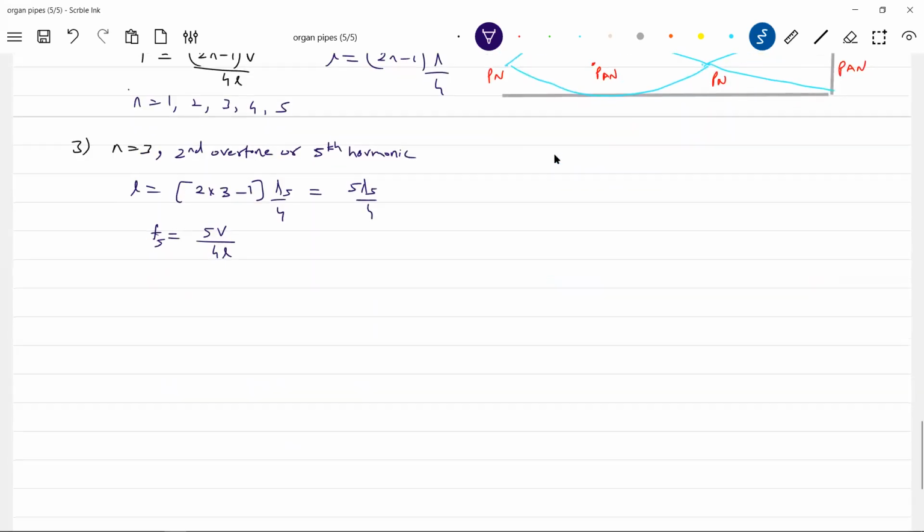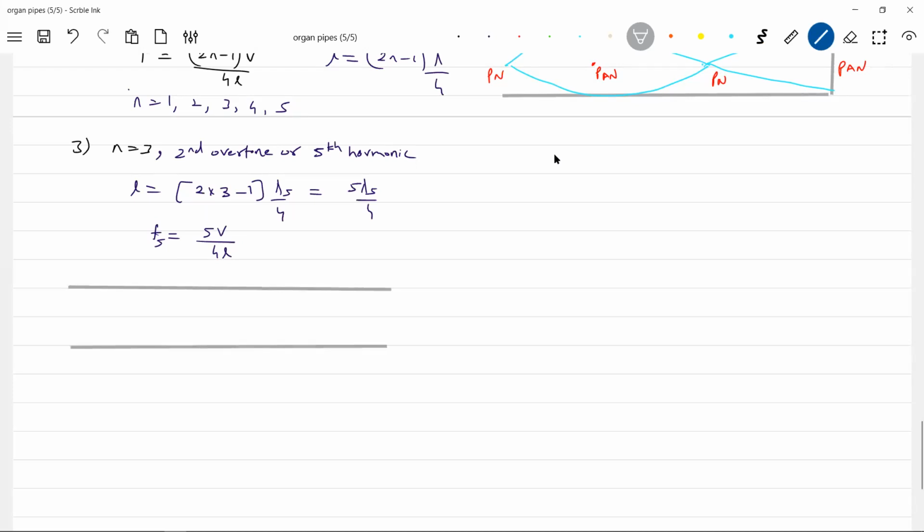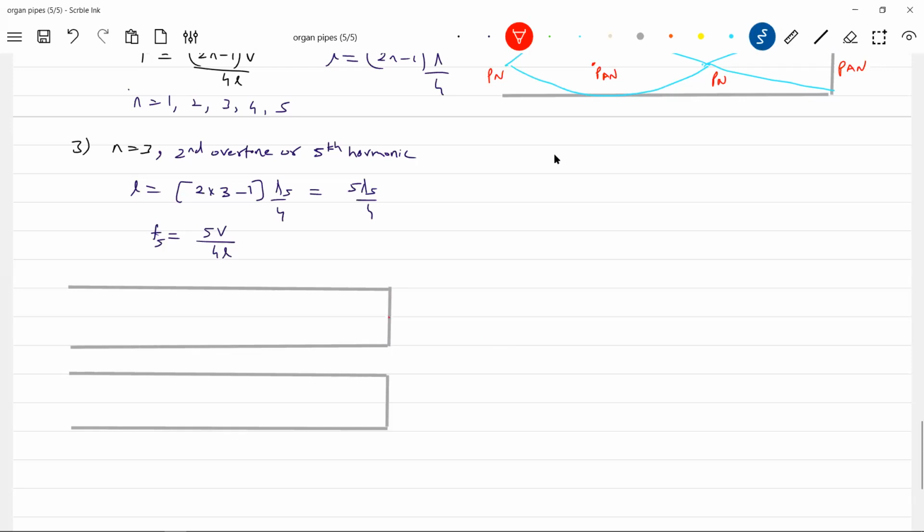Okay, how will the standing wave pattern be in the pipe? This is the length of the pipe. There's a pressure node at the closed end, so we should get two and a half loops.